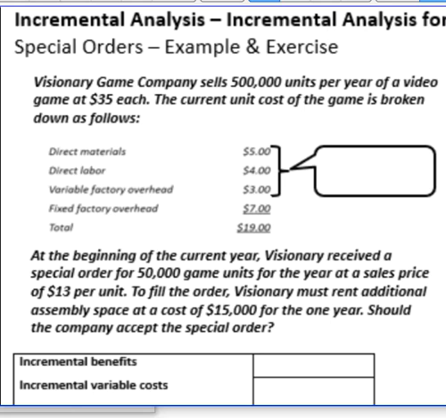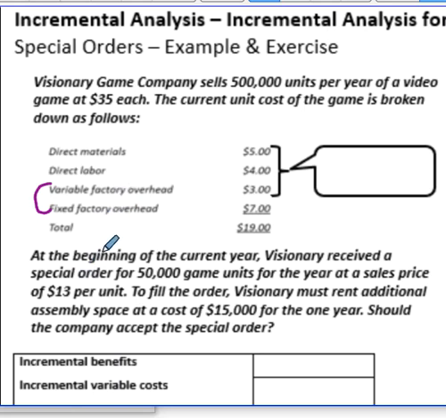Now the current cost of the game is broken down as follows. Direct materials, $5. Direct labor, $4. We also have, interestingly enough, two types of factory overhead. One that is variable and one that is fixed. So we have an overhead that varies with volume, and an overhead that is fixed. So these are basically treated separately.